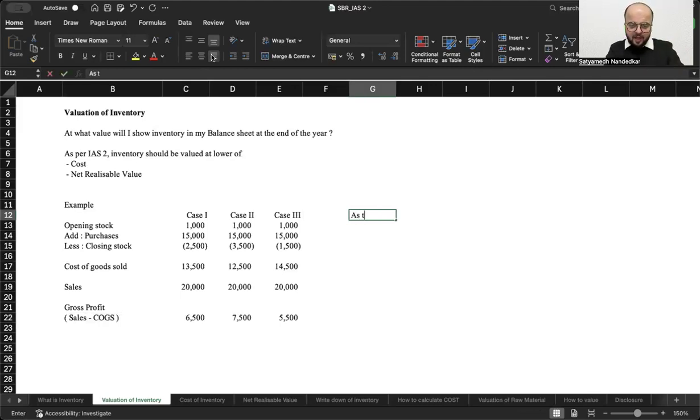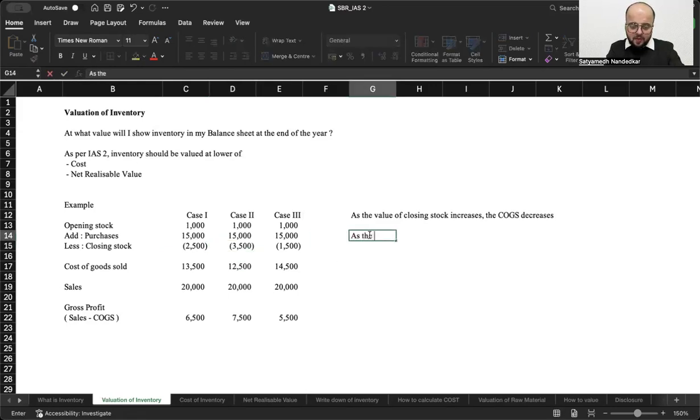Can I say that as the value of closing stock increases, the COGS decreases? As closing stock value increases, the cost of goods sold value decreases.